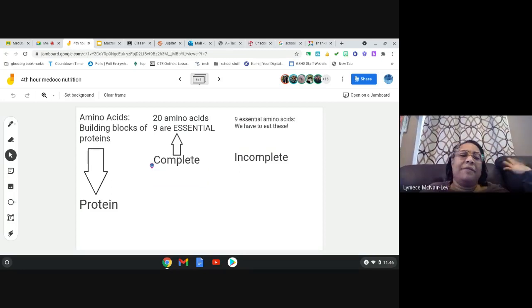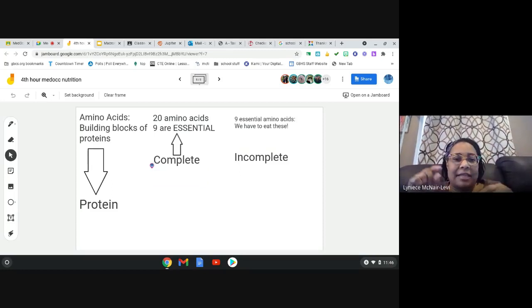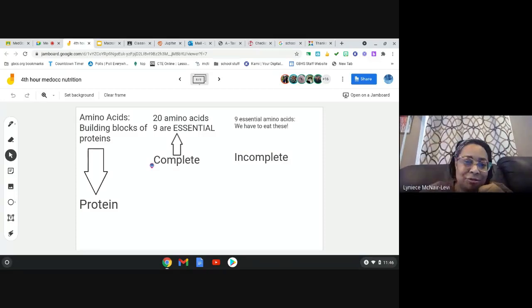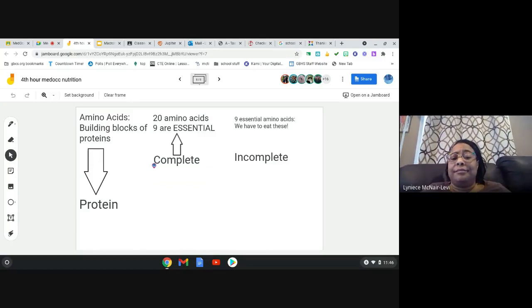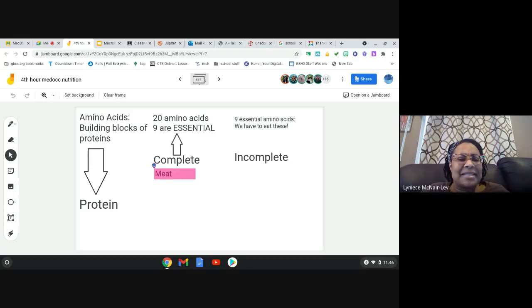Just use the raise hand feature on your Google Meet and come up with ideas of complete proteins that you know. We're only going to go over a couple of them. I'm going to give you one to start with: meat. Duh. That makes sense, right?